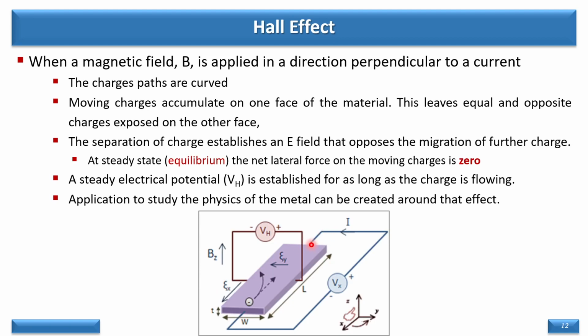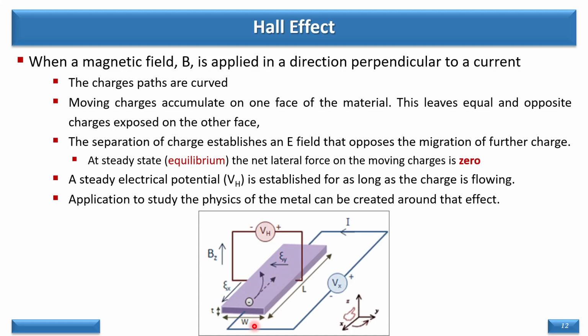Because of this applied voltage, there will be current in this direction, which means the free electrons are moving in that direction. Since it's a steady state voltage source, we have a steady state current on the sheet of metal, which means that there is a stream of electrons moving with a constant velocity in that direction.